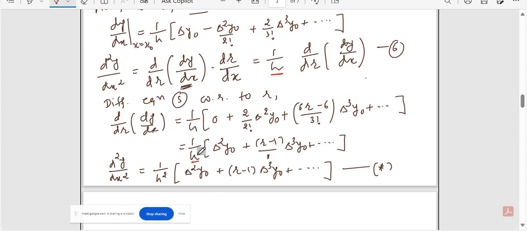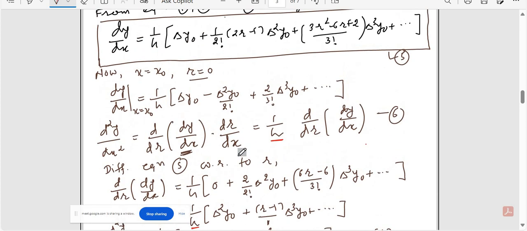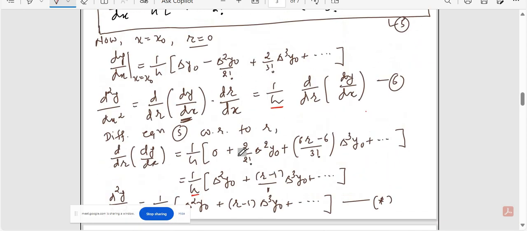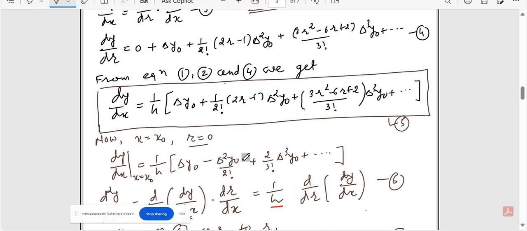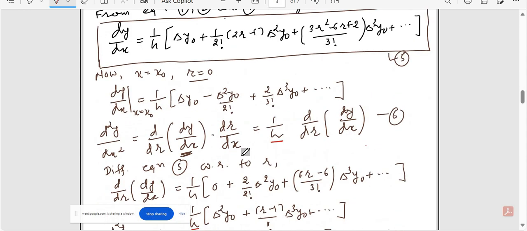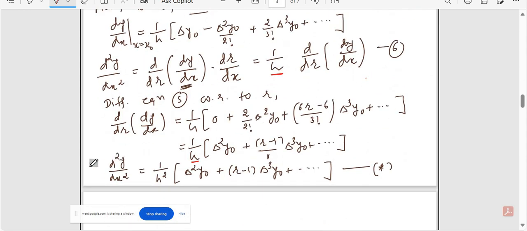So 1 upon h into 1 upon h, and the other part will be the same. So 1 upon h square. Now, done? Yes, sir. Okay. So any question, any doubt in the development of d square y by dx square or dy by dx? No, sir. Okay, so both are our main formulas.